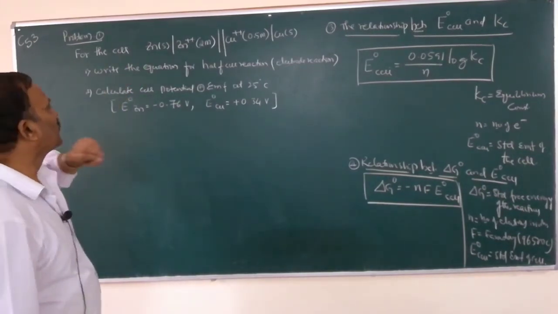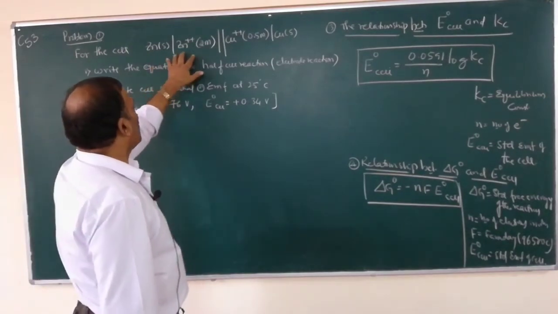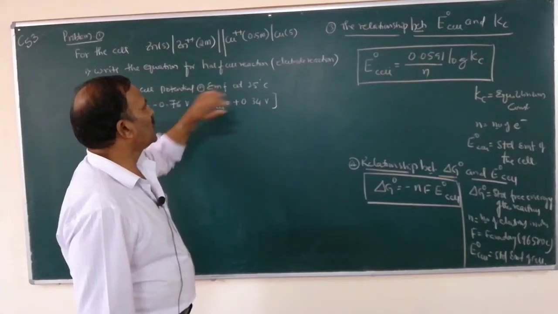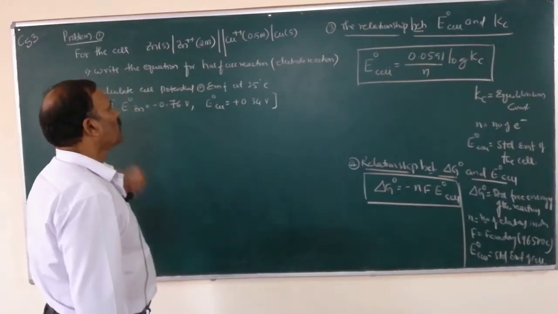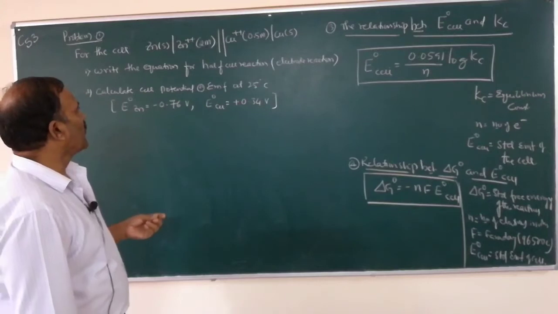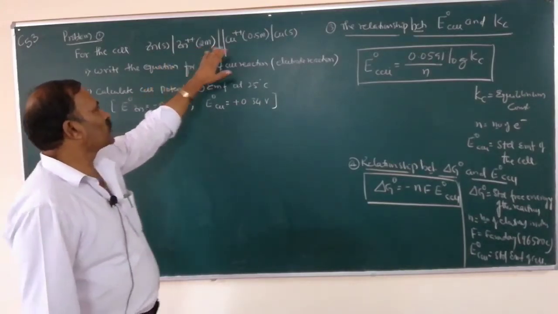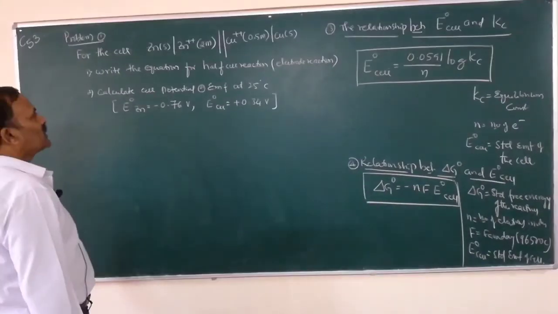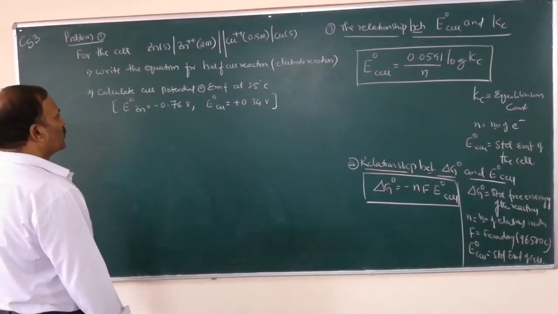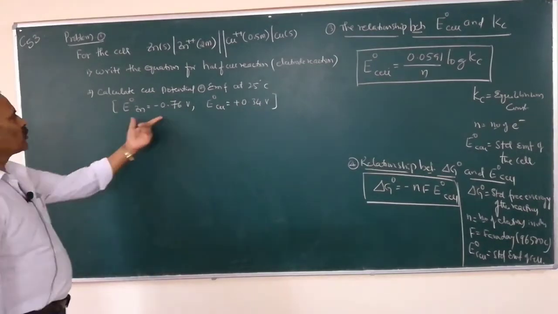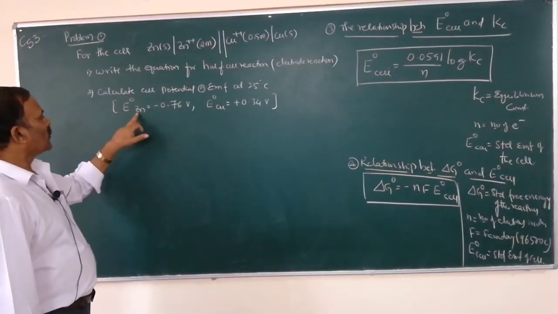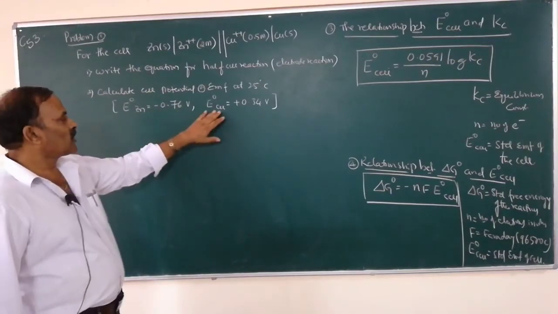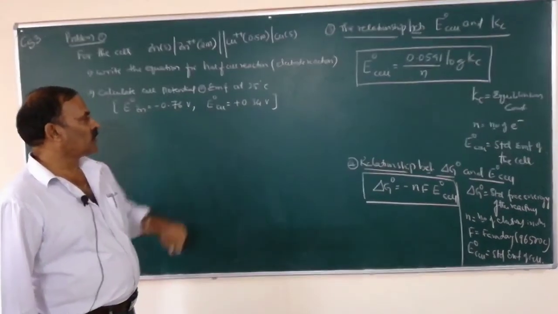In this cell, the left electrode is the anode, and the right electrode is the cathode. So the anode should be written on the left and the cathode on the right. Oxidation takes place at the anode. The electrode potential of zinc is minus 0.76 and that of copper is plus 0.34.